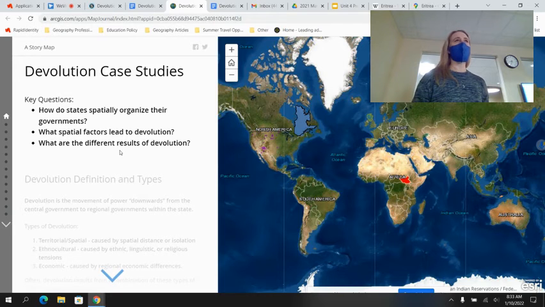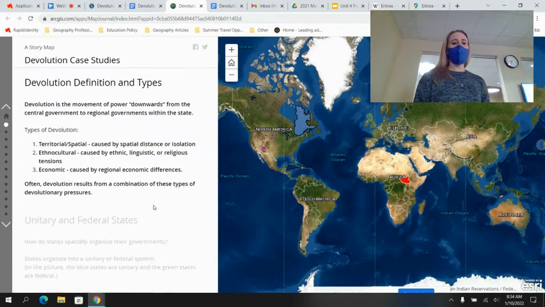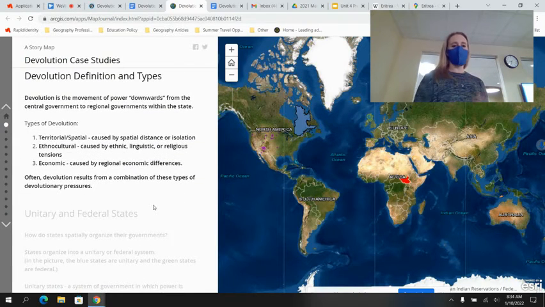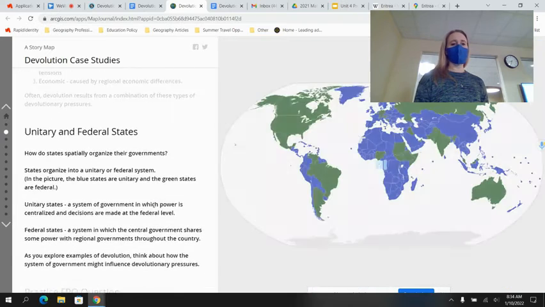So oftentimes, the way in which countries are spatially organized can influence the devolutionary pressures.